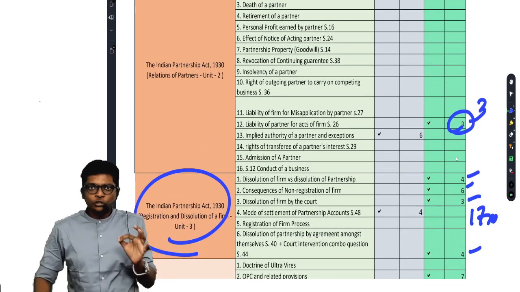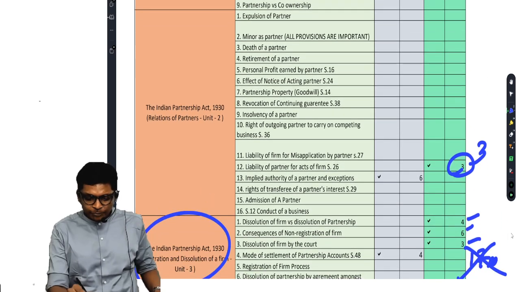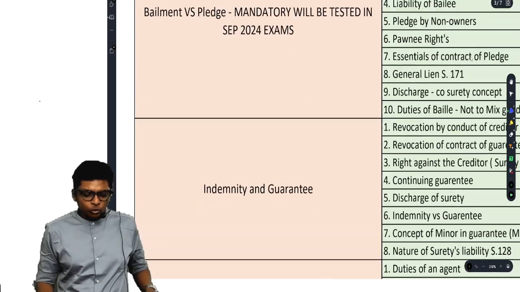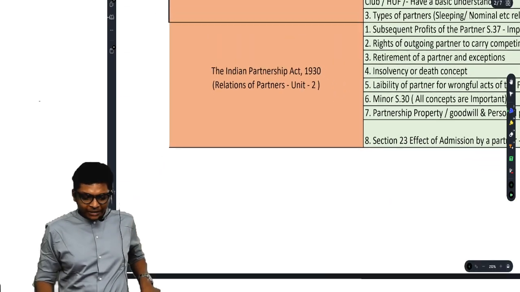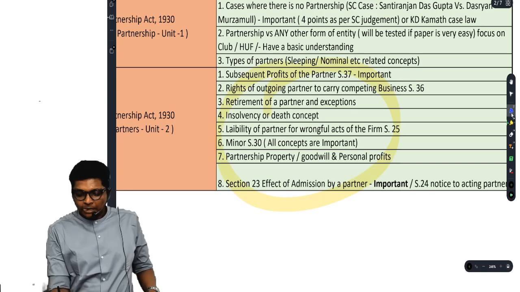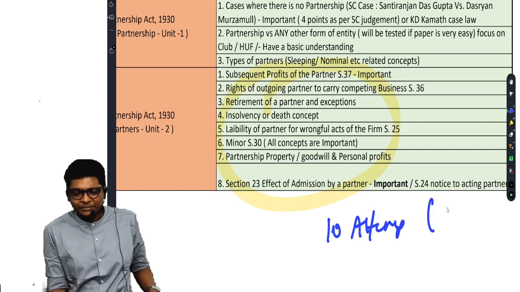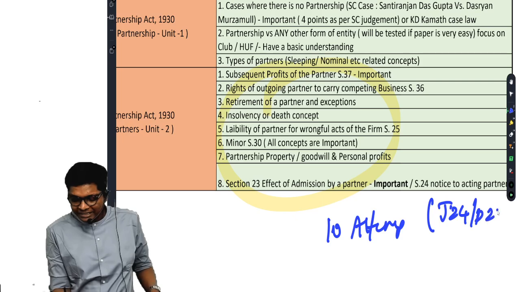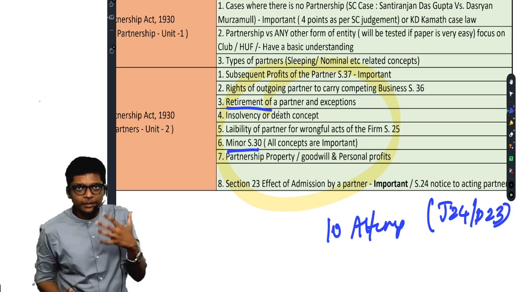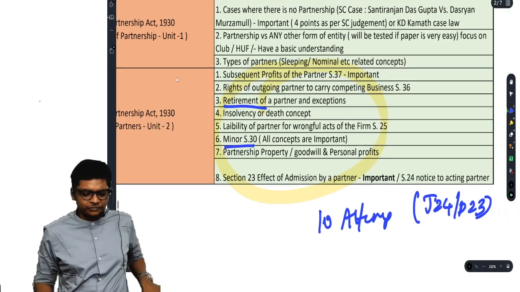Will this trend continue? The answer is no. This time also don't expect 17 marks in Unit 3. Instead, expect more marks in Unit 2. So what questions can they ask in Unit 2? In Unit 2, all the concepts which have been tested in the last 10 attempts, except the latest June 24 and December 23, I have put here, like minor and retirement. These are all important, previously tested concepts that can repeat. So this time Unit 2 of the Indian Partnership Act is important.